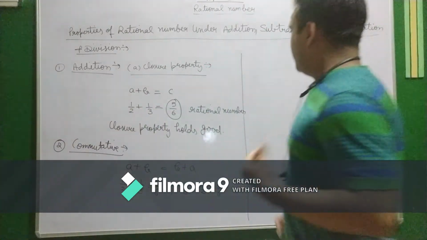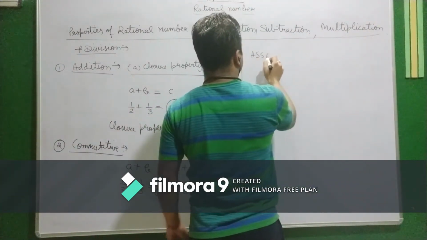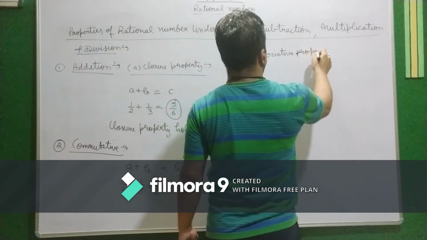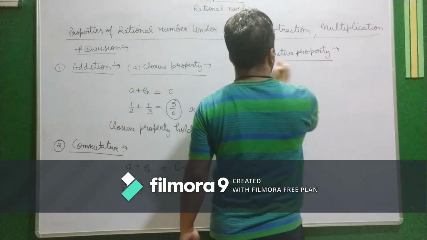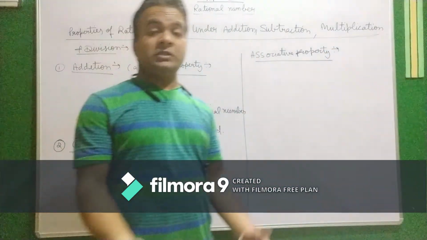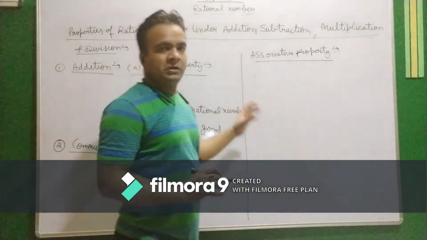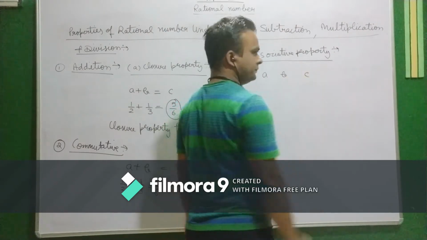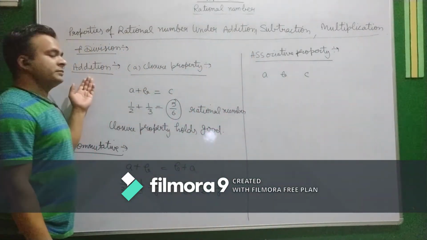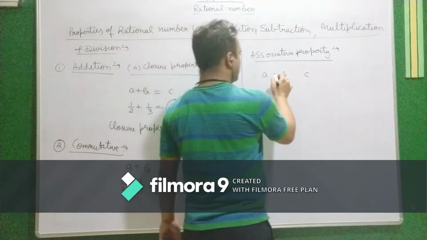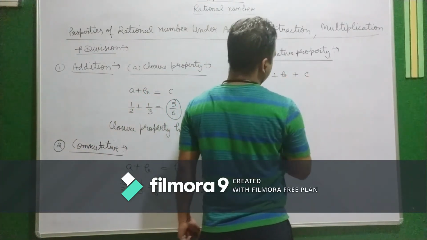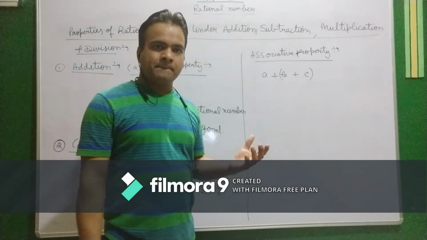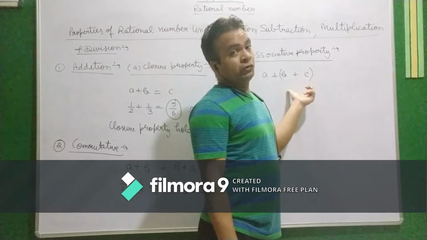Now the next property is the associative property. What do you mean by associative? In associative we will take three rational numbers. Suppose I am taking a, then b and then c, and the operation we are using here is addition. The associative property says, suppose you are taking two rational numbers in one group, and this bracket says we have to solve this bracket first.